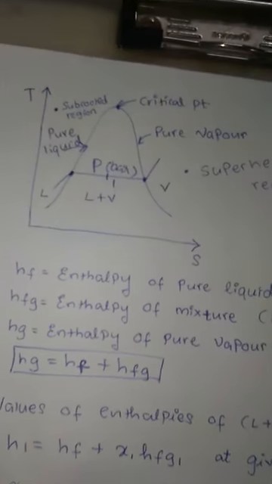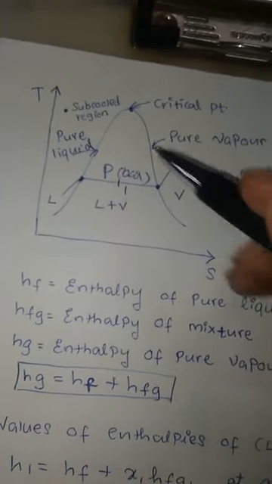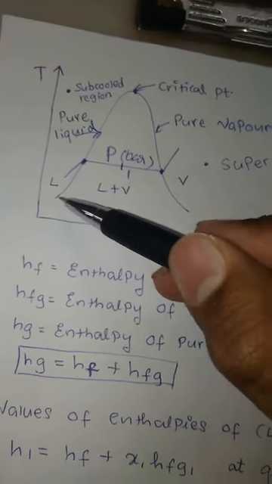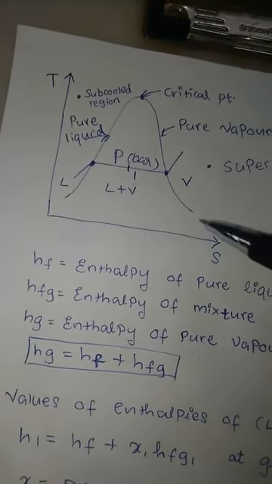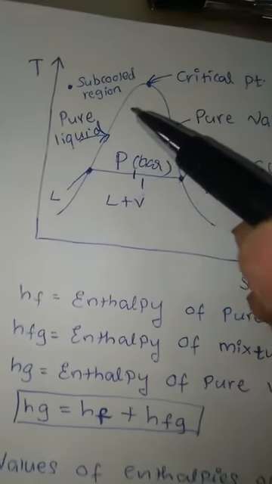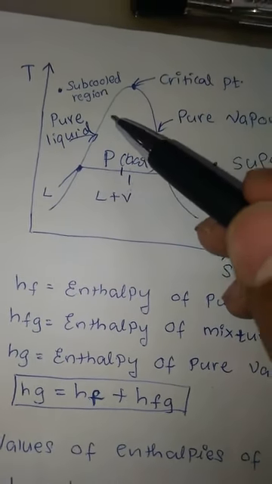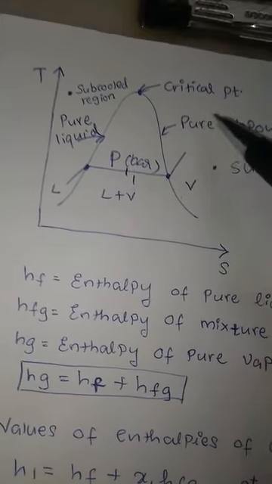Okay, now we have learned to find enthalpy and entropy within this bell-shaped curve region. What if you have to find the parameters beyond this line and beyond this line?